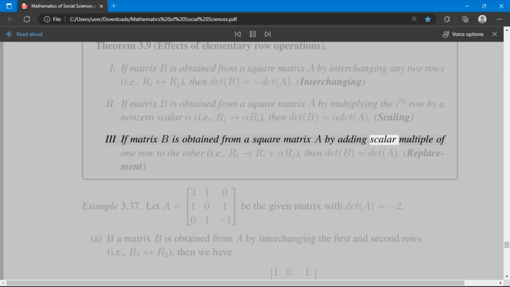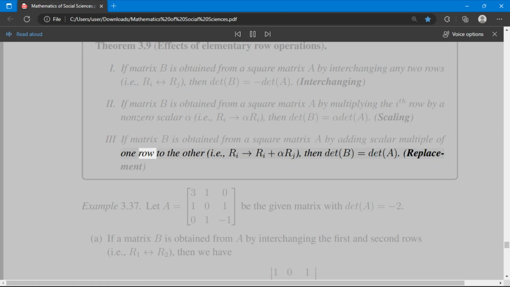If matrix B is obtained from a square matrix A by adding a scalar multiple of one row to the other, i.e., Ri → Ri plus alpha Rj, then det B equals det A. Replacement.